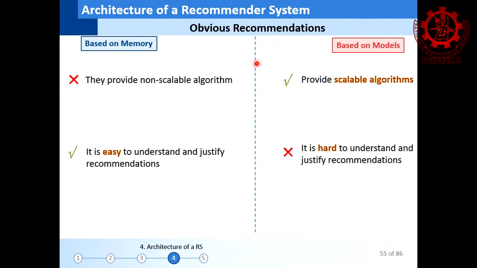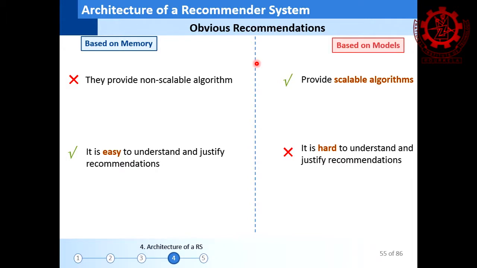So, as previously, we have two kinds of recommender system. Now we have classified them according to the matching process: the recommender system based on memory and the recommender system based on models. Obviously, they have drawbacks and advantages.